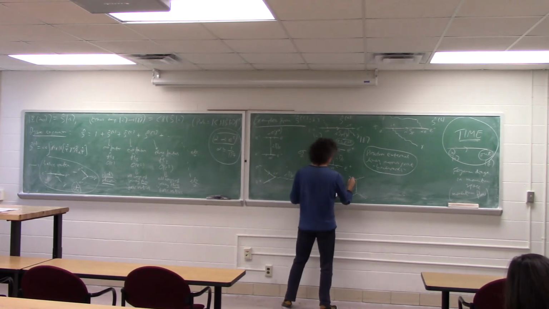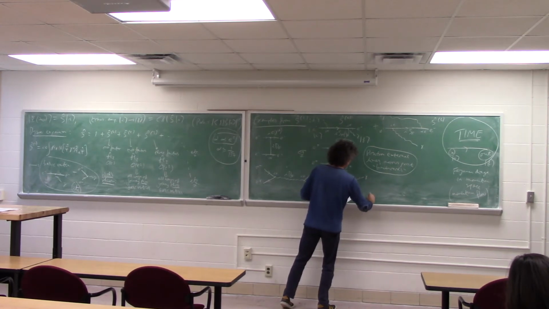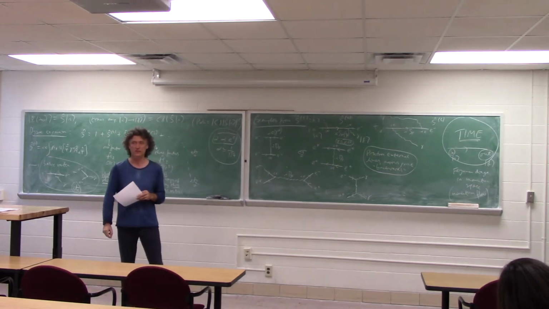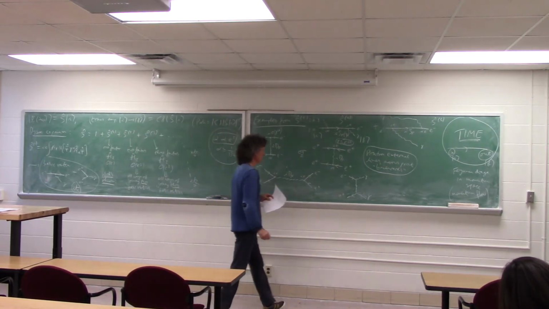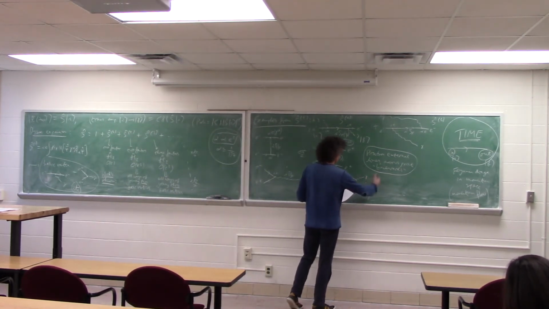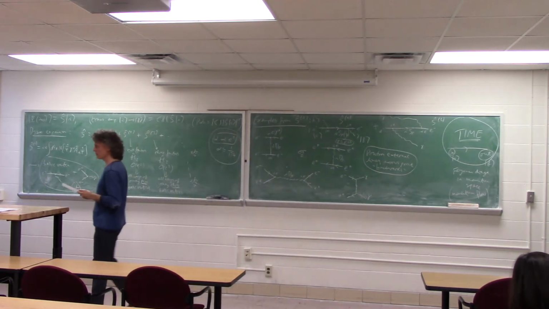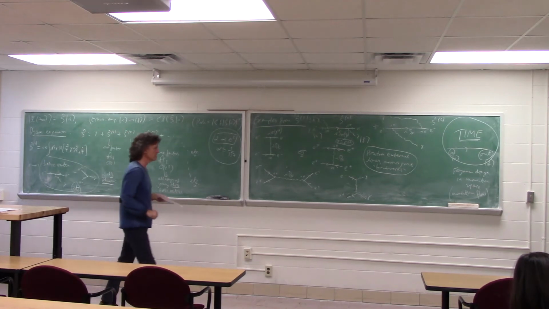So I've got an electron and a positron coming in, and I have two photons coming out. This is electron-positron annihilation. Electron and positron meet, they disappear, and you get two photons. The total energy of the two photons, of course, is going to be at least 2mc squared.